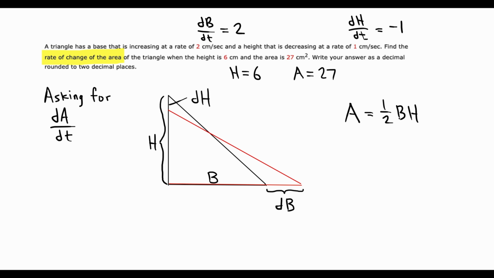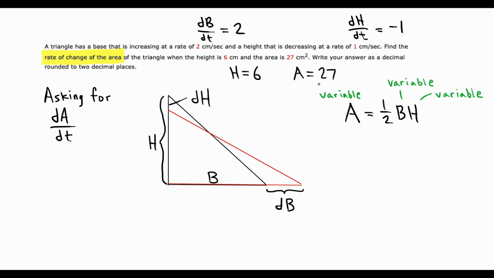And we now want to differentiate implicitly using this geometry formula. So area is changing, so that's variable. 1/2 is a constant, but the base is variable, and the h is also changing as well.